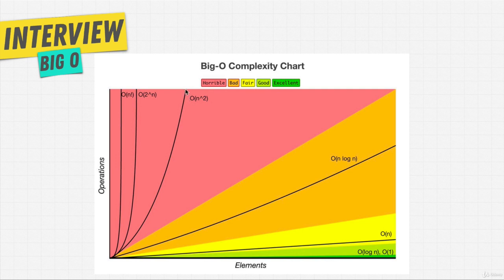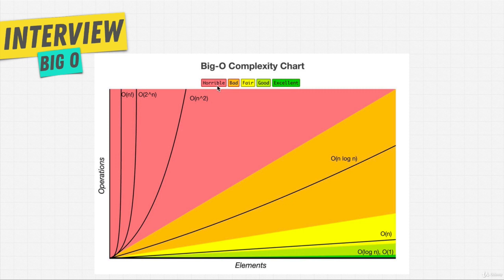And a lot of interview questions ask you to solve a problem that initially is O of n squared and make it faster by perhaps making it into something that is a bit lower over here. That is bad, fair, good, excellent, but definitely not horrible.